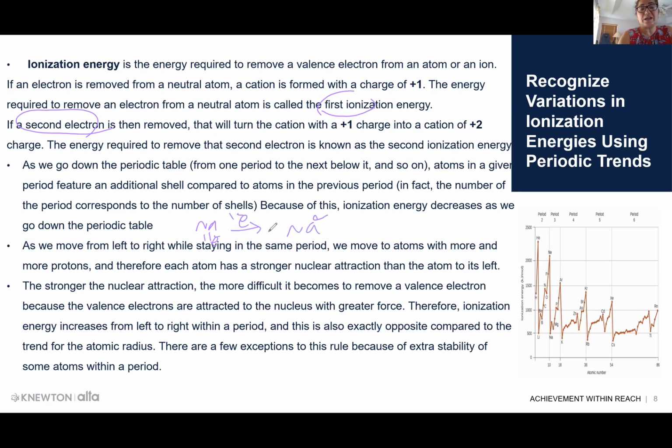You're taking the first electron, and that is the sodium ion with 10 electrons now. Second ionization energy is minus a second electron. If you remove a second electron, your sodium is going to have a 2+ charge.